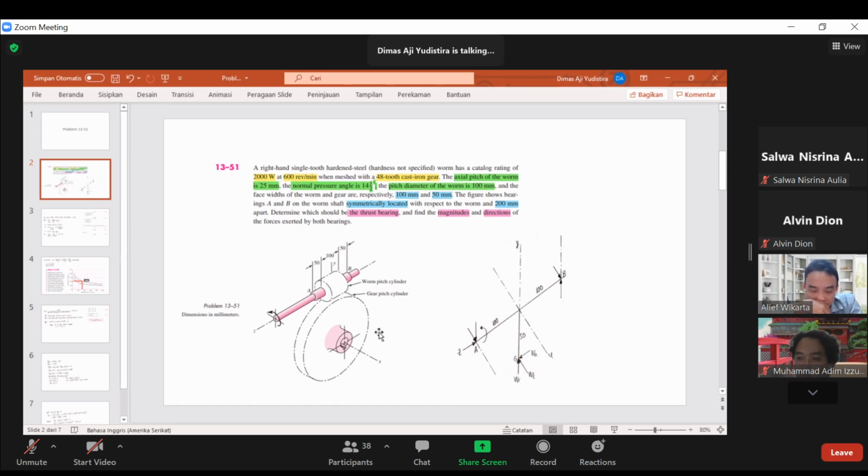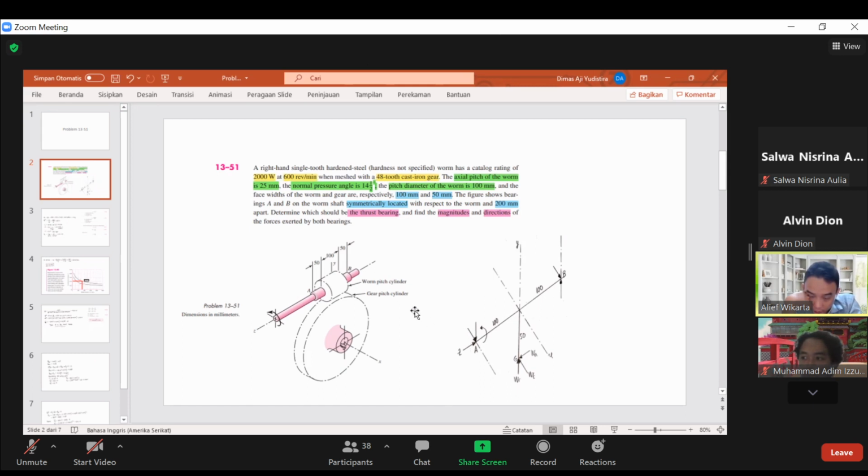And this is the figure. This is the free body diagram. So the question is, we have to find which force, which arrow in A, B, or G, or another in your free body diagram. The thrust bearing is in A. Okay.